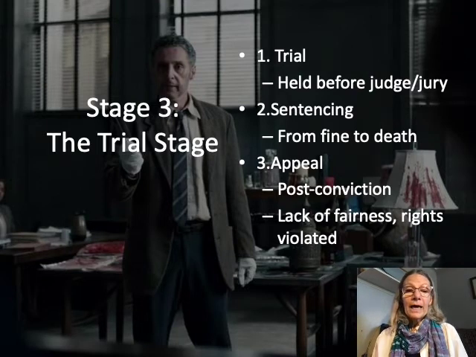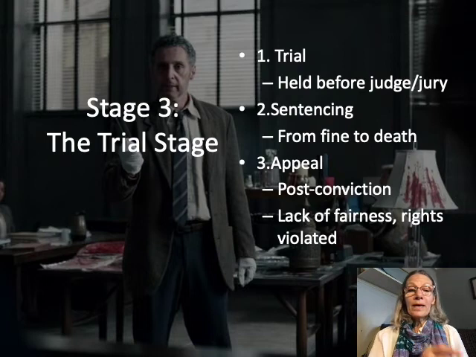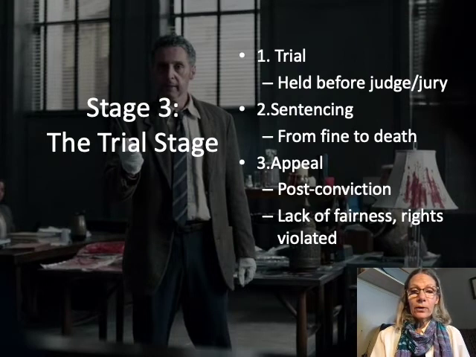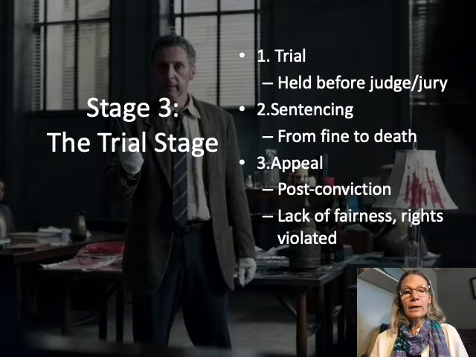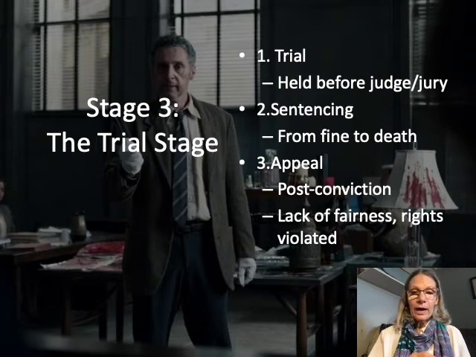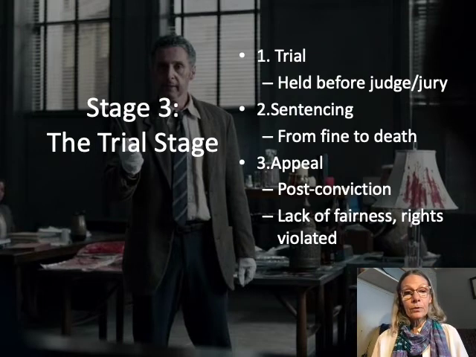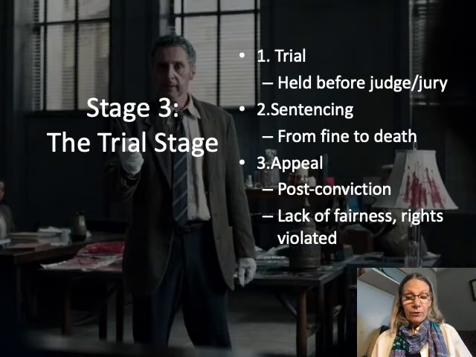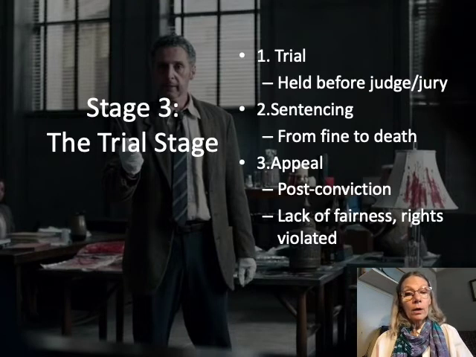Okay. And then the third step within the trial stage, even though it's not a part of the trial, it comes after the trial and after the sentencing. Okay. So, and that's the appeal step. So after an individual, if you have been acquitted, okay, the state can't appeal the acquittal.